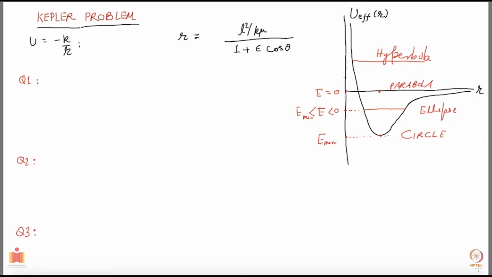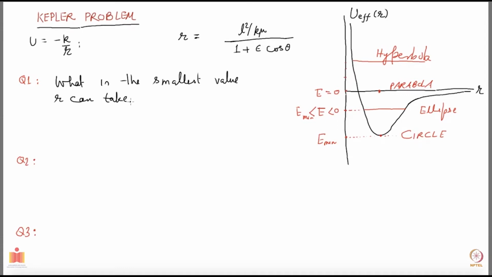Equivalently, what is the shortest distance between the particles m1 and m2 that you are going to see in this system? So that is question number 1. What is the smallest value r can take?